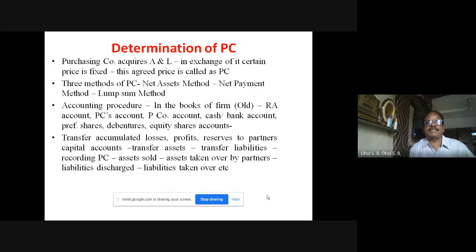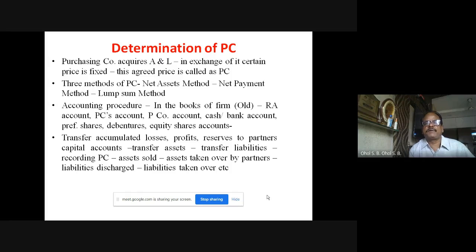And the third one is lump sum method. In the lump sum method, the amount of PC is already given in the problem. We are not calculating any amount of PC. So, if the ABC partnership firm is converted into AB Limited, at that time, AB Limited can pay the amount 10 crores, 5 crores to the ABC partnership firm.